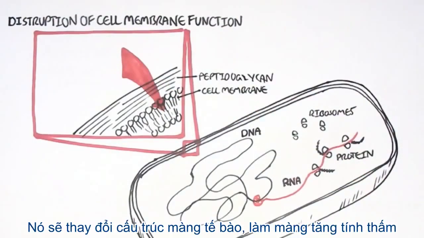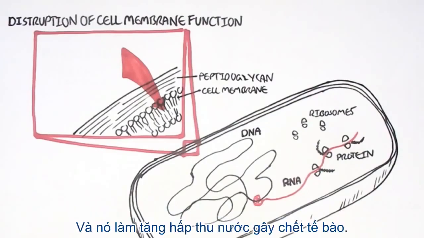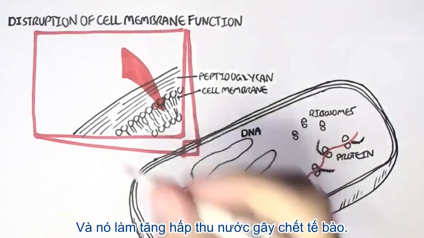It will alter the cell membrane structure and will make it more permeable. This will just disrupt the osmotic balance, causing leakage of cellular molecules, and essentially it will increase the water uptake, leading to cell death.